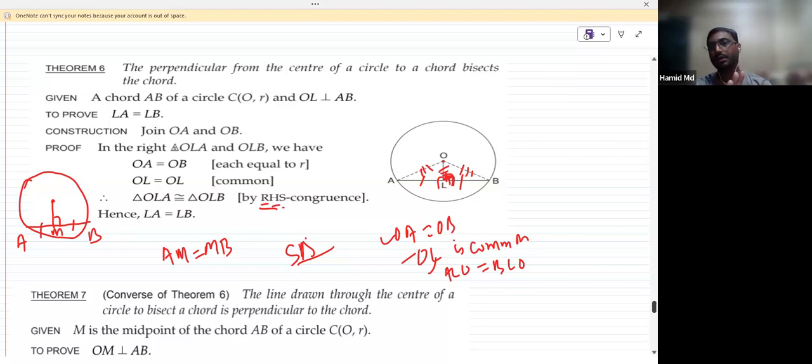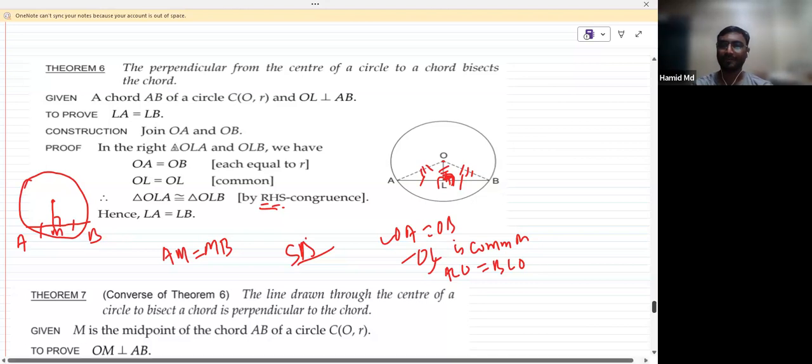So are you getting the idea how to prove these theorems? Yes, sir. So keep in mind, either you take a screenshot if you feel you don't have much time, but go and try after this class. If you build the habit of proving the theorems from here, it will be good for you in class 10 and onward.